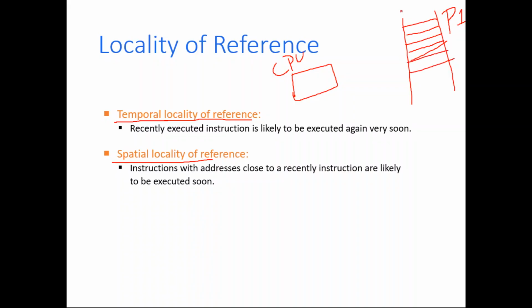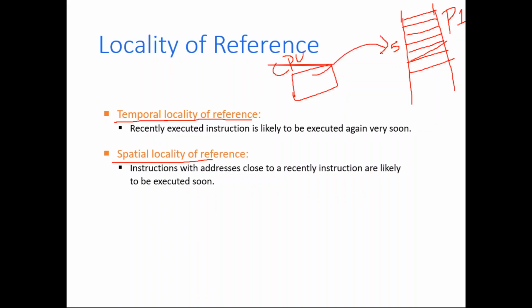Each line is one word, and these words are numbered 1, 2, 3, 4, 5, something like that. Now say the CPU says that I want word 5 from process P1.